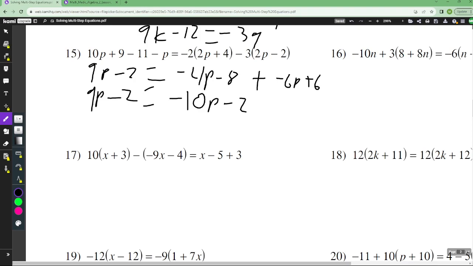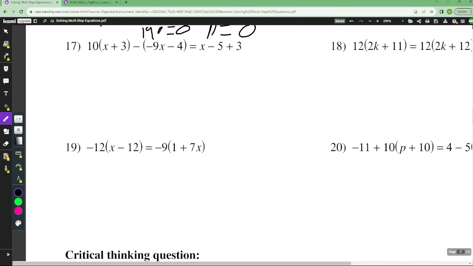We'll get p on one side, so we'll have 19p minus 2 equals negative 2. Add 2 to both sides, we'll have 19p equals 0, which means p has to equal 0.